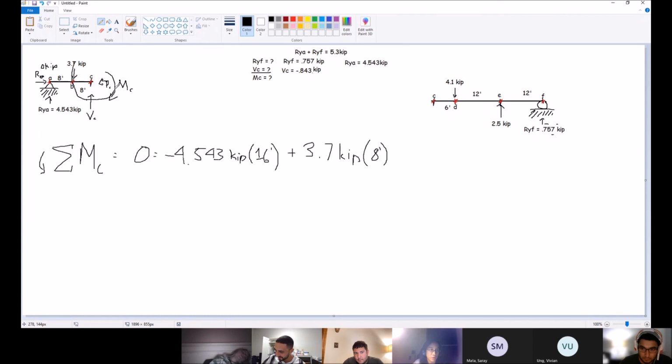See how it pivots or rotates around C, going in the counterclockwise direction. And then we have to add this bending moment at C. That's actually going to be negative, because the way I drew it, it's going in the clockwise direction.